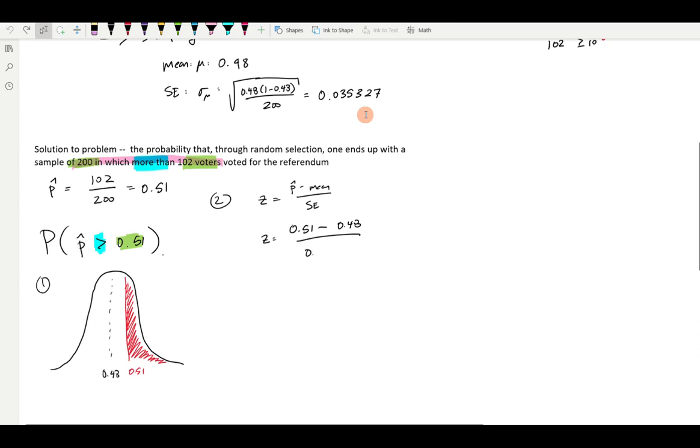Again, be careful about not rounding, or you can do this all in one fell swoop in your calculator. That might be better. Making sure that you subtract first or put them in parentheses, we get that our z-score is 0.8492.